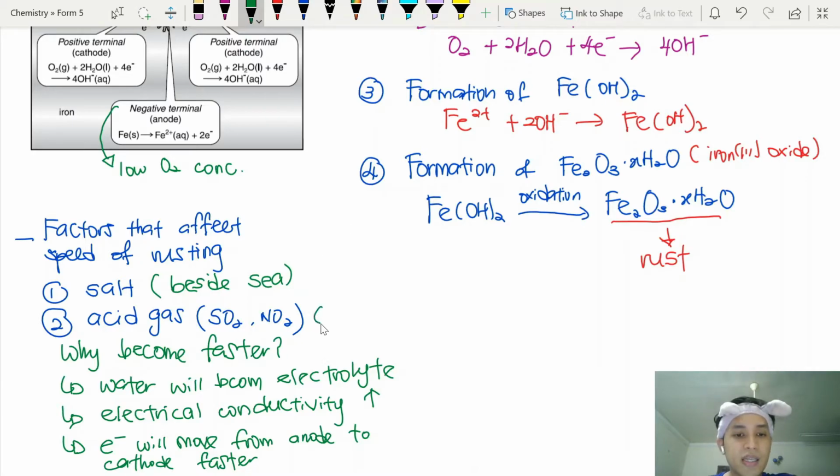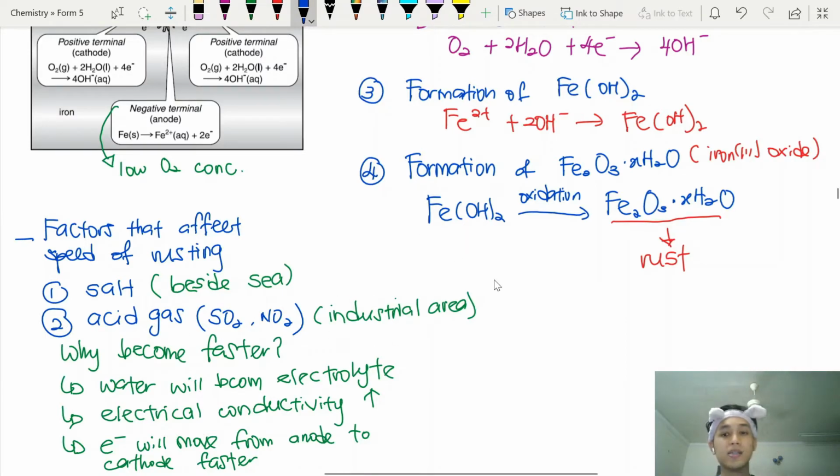If acidic gases, meaning an industrial area, any metals near the industrial area are going to rust faster, because of the acidic gases that we have there.